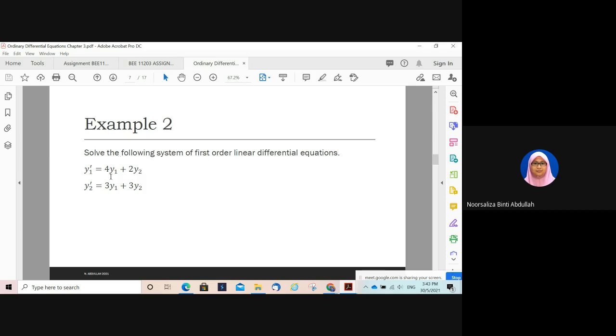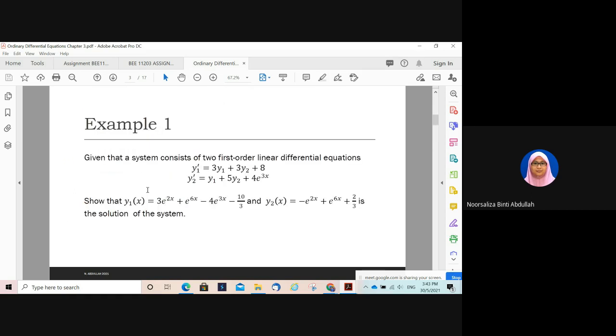It just has y1 and y2. If your g(x) is not equal to 0, which means you have a g(x), your system will be like this. This is non-homogeneous. You see, there is a g(x) here.